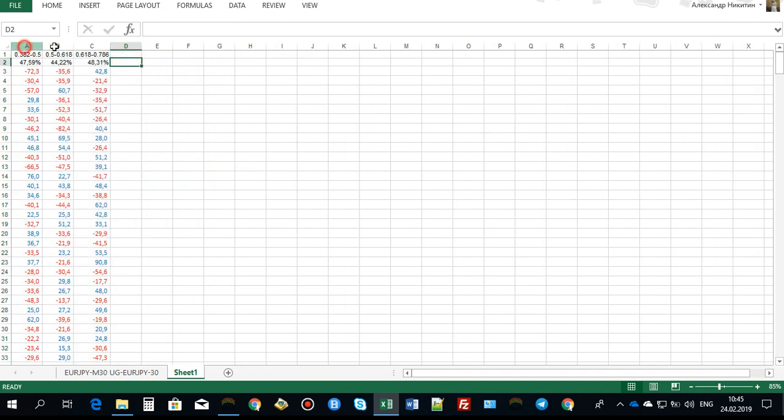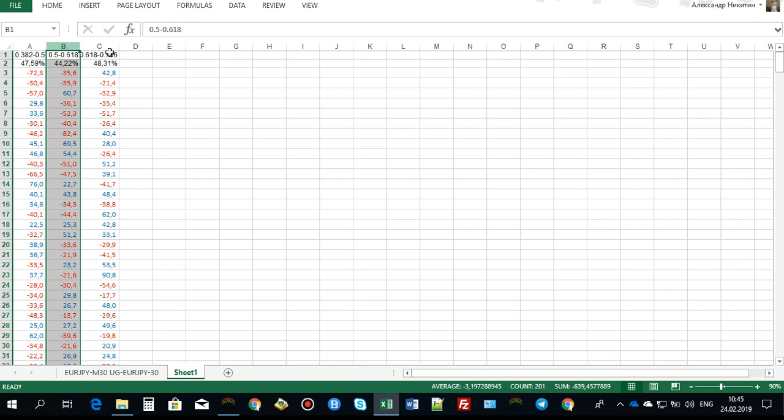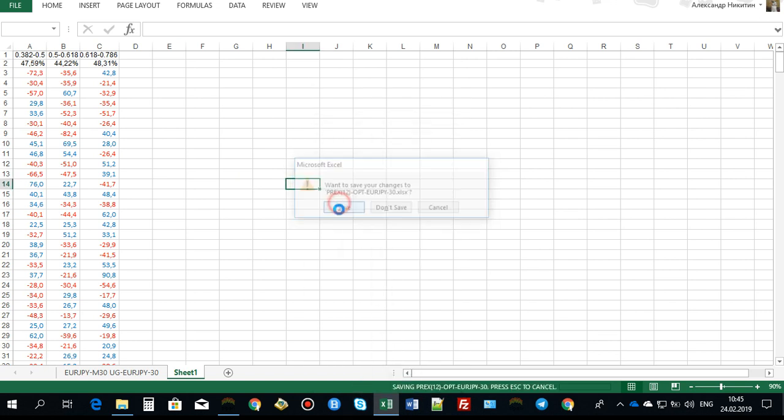So what we have here: 47 for A point, 44 for B point, and 48 for the C point. This pair is a loser for every range. So I can't say which one is better to trade the opposite way. Well, maybe the B point should be traded the opposite way. Okay, then we'll just close this.